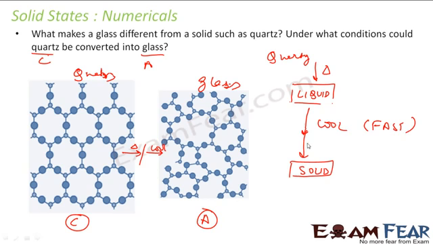Cool it fast, you get the solid form, but since you cool it very fast, the quartz constituents will not get enough time to rearrange themselves in the best possible way. So it will become amorphous. Hope you understand what happened here.